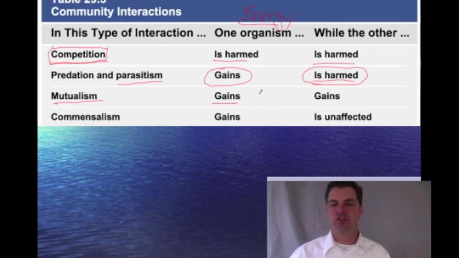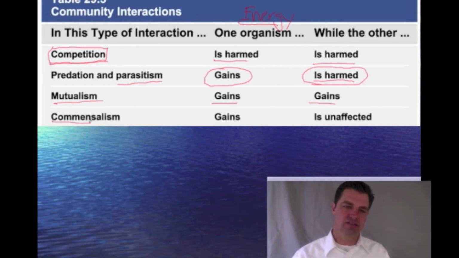Well, these birds will eat the insects off of the rhino, so the rhino benefits because it's getting the bugs eaten off of it. The birds benefit two ways. One is they get the insects off the rhino, and the other is if you're a bird and something might eat you, it probably won't mess with the rhino. So in that case, mutualism, both of them gain.